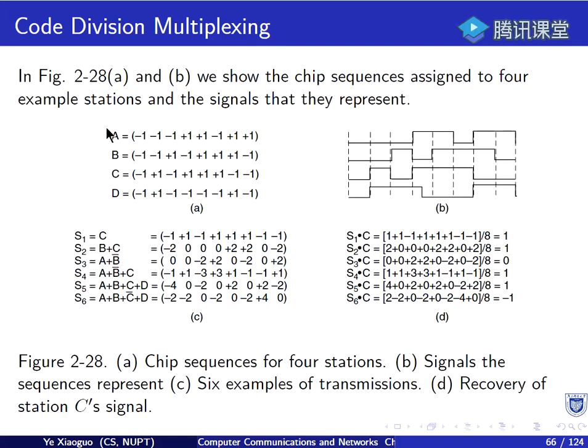For example, A has this chip sequence, 000110111.